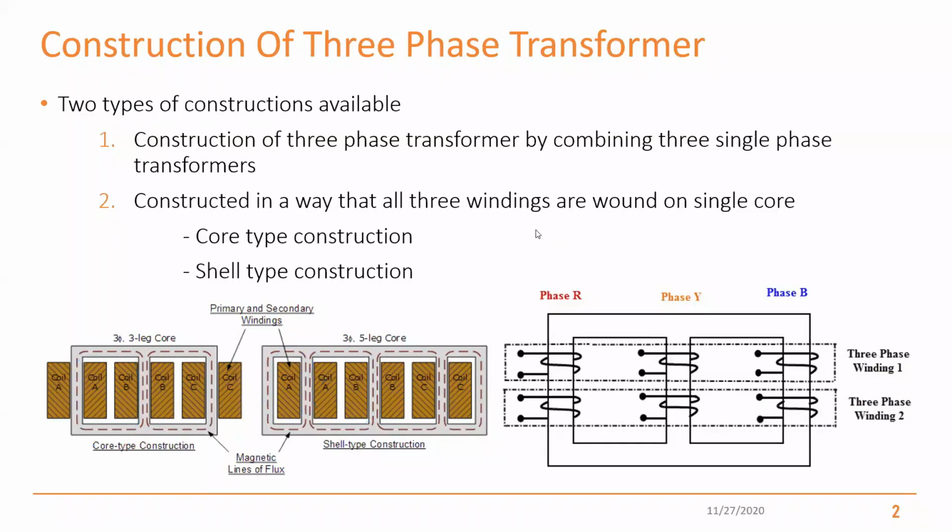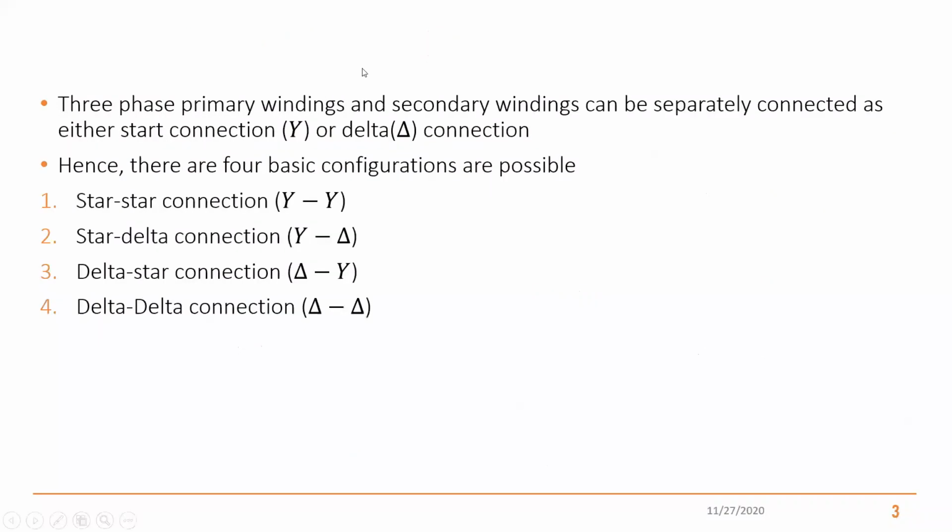So with that, let's move on to the configurations. These are the connections. Typically if you consider the three-phase windings, you can connect them in a star formation. You know star formation: three windings are common at one point and the other three ends are the terminals.